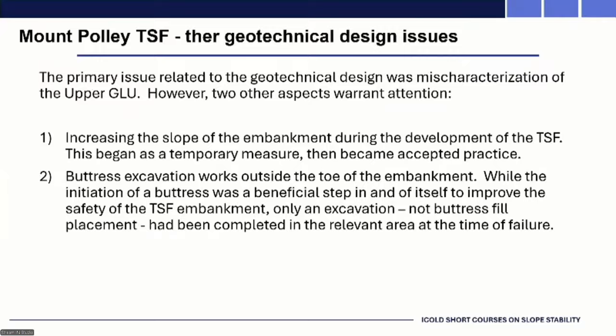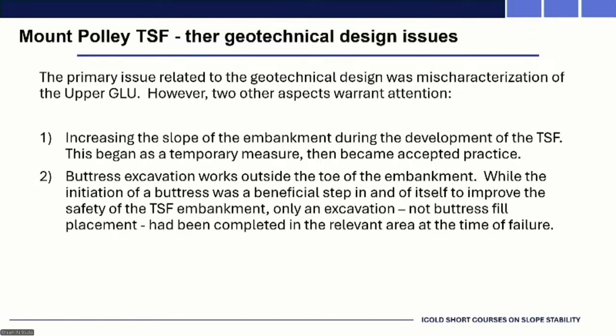But there were other things, as they always are, with all these failures that have been well documented. It's never been a single incident or a single factor, but there's probably dominant factors and secondary factors. But what was initially intended to be a temporary measure, steepening up the slope to, I think it was 1 in 1.3, which seems really very, very steep.